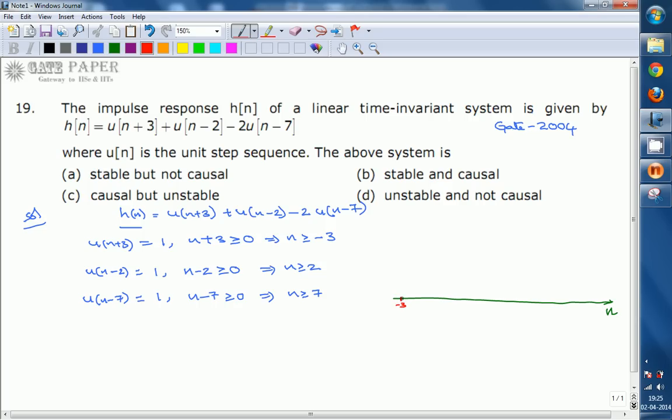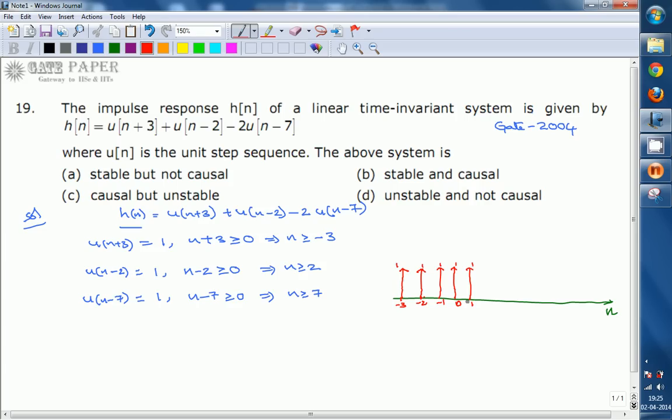So at minus 3 we have an amplitude of 1, and at minus 2 we have an amplitude of 1, and at minus 1 we have an amplitude of 1, and at 0 we have an amplitude of 1, and at 1 we have an amplitude of 1.